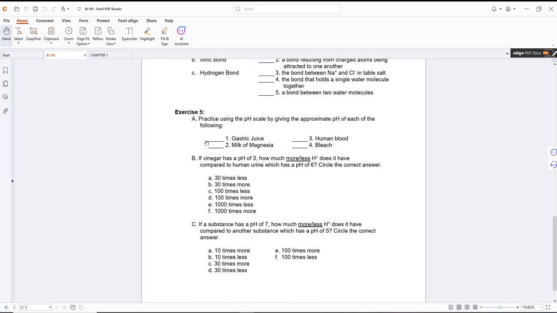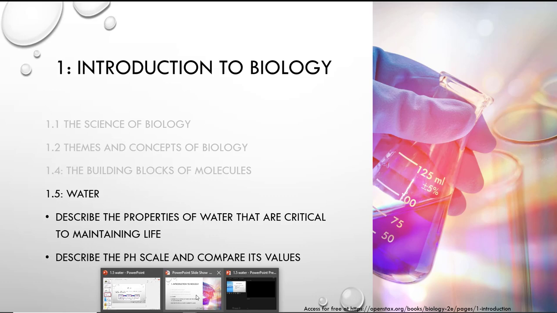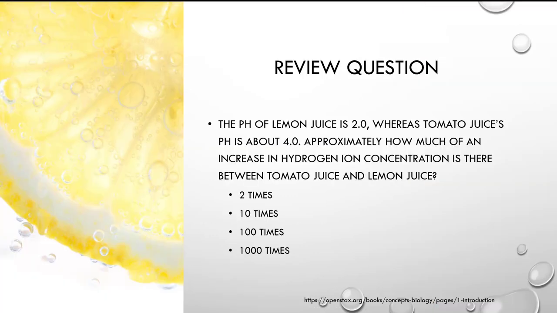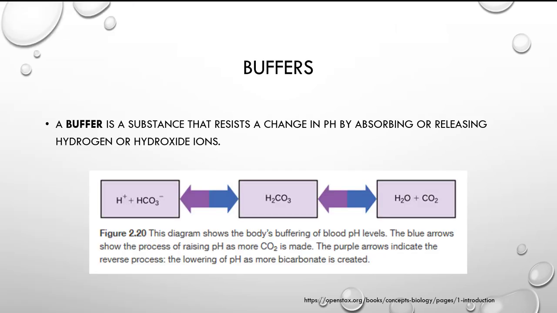And then for exercise 5, we have our pH. So we practice using the pH scale. So you'll just look up the numbers. You can use the same pH scale that we had in our book.